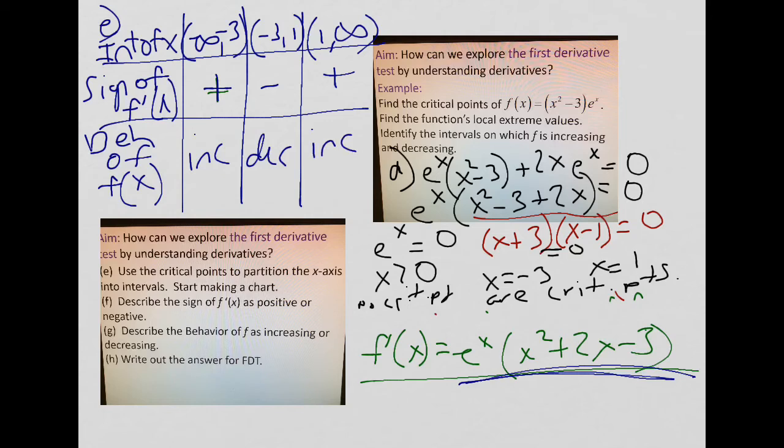So we're identifying, but we didn't state an answer, so always state that answer later. We actually did E and F and G already. Believe it or not, you copied it down. This is what we're doing. So let's do H. We'll write out our answer, and then we're good to go.